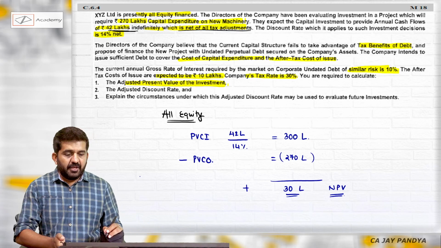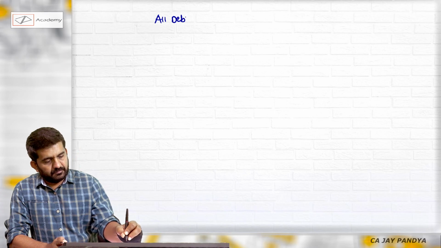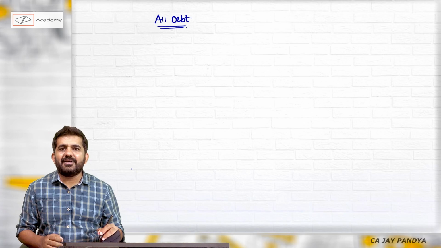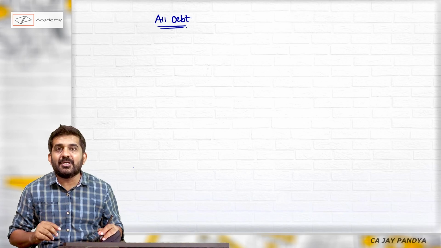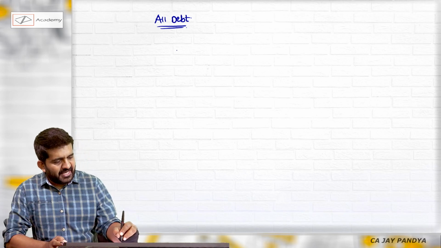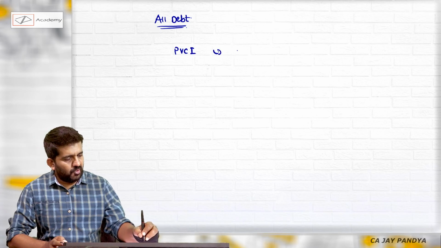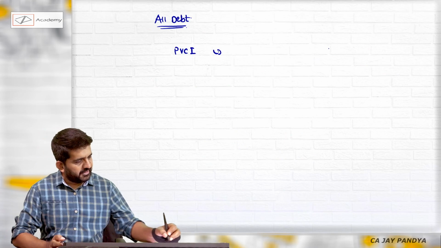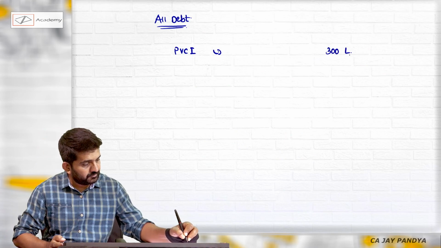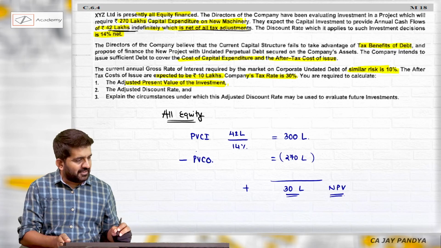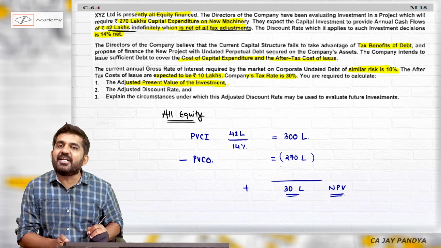But if the company goes for all debt, please understand, the company is still going to earn a cash flow of 300 lakhs and still there will be a capital expenditure of 270 lakhs.